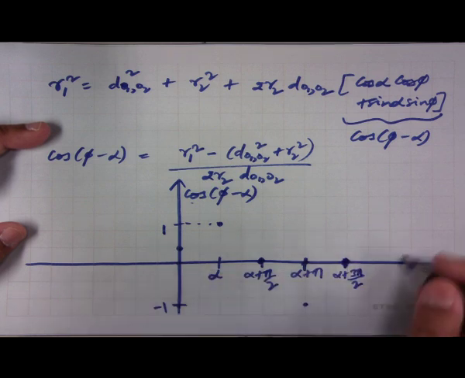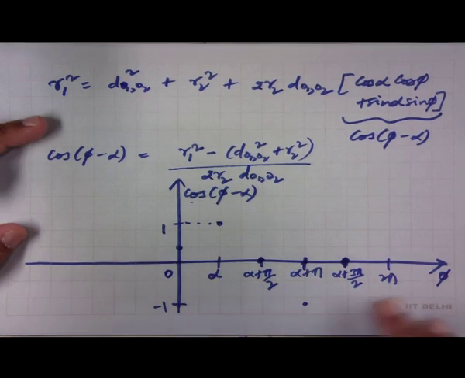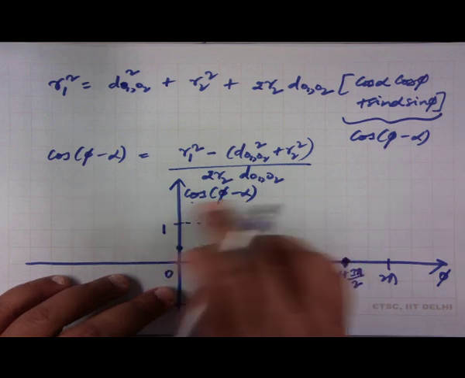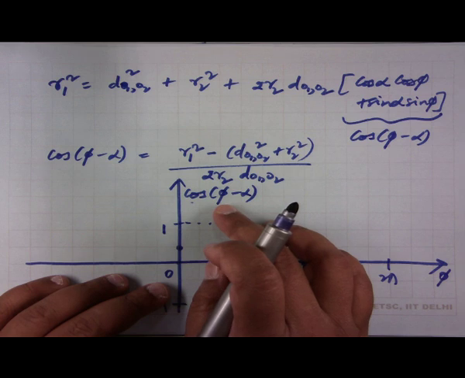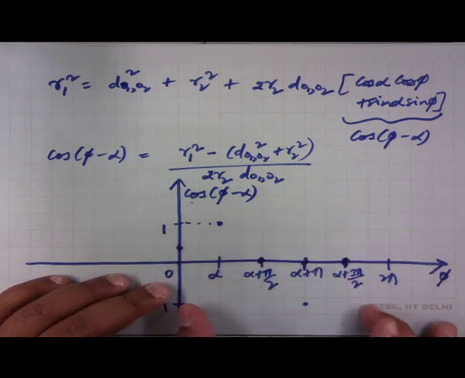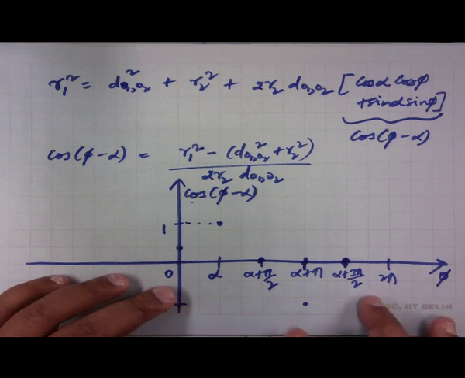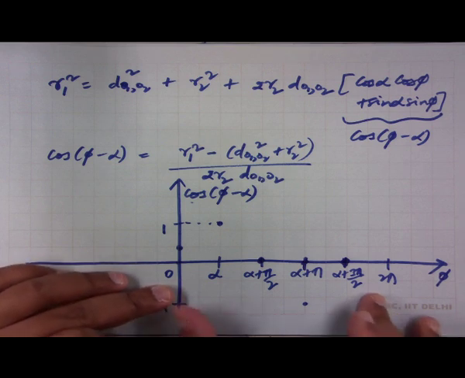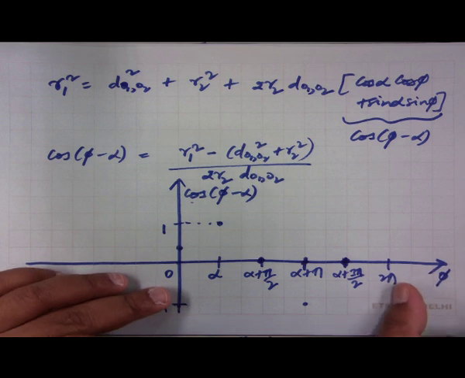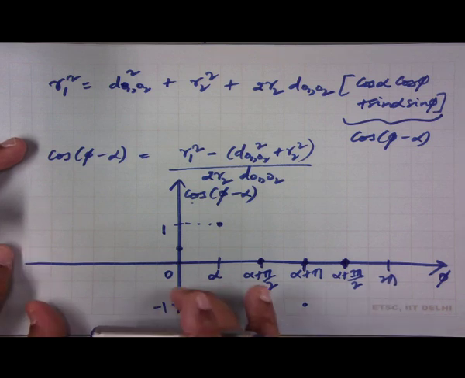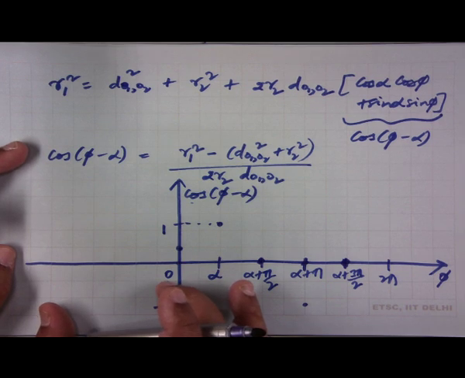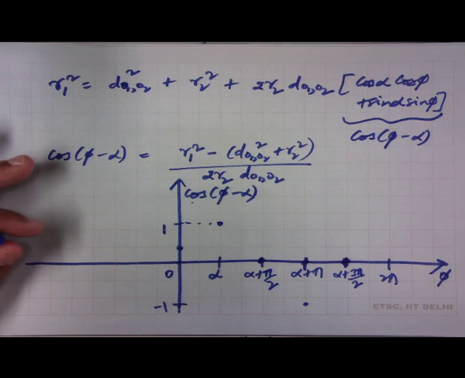And then let us say that we only plot till 2 pi, because cos of phi minus alpha is a periodic function of phi, periodicity being 2 pi, so it is enough to draw the graph between 0 and 2 pi. For the interval from 2 pi to 4 pi, the graph is going to be exactly similar. Similarly, the graph from minus 2 pi to 0 will also be the same as the graph for 0 to 2 pi.